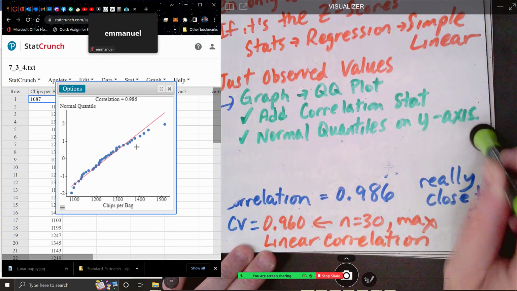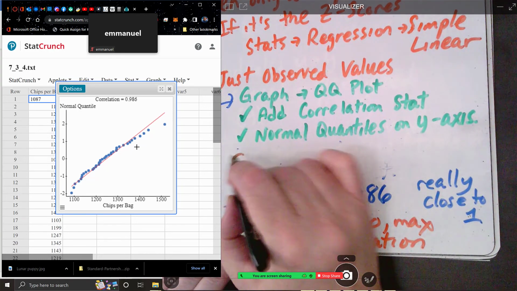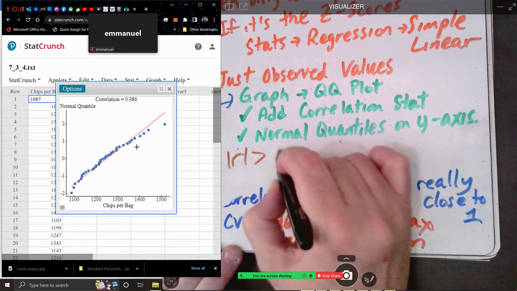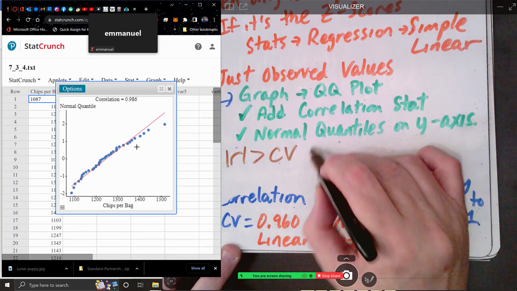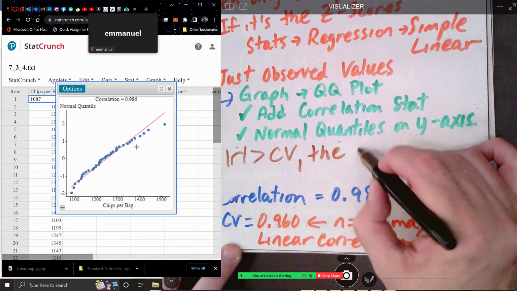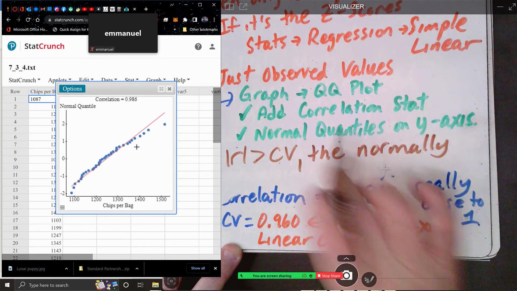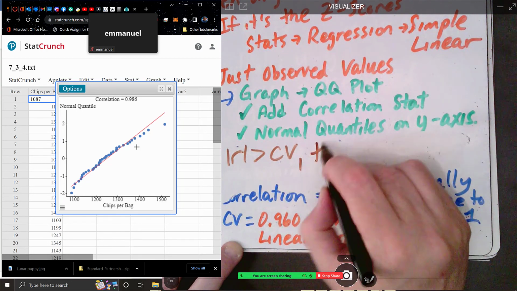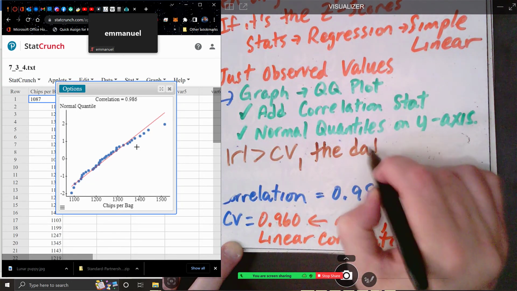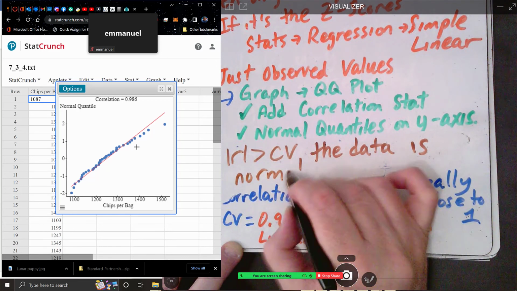Ignoring the chocolate chips, if the R is greater than the CV, the data is normally distributed. Let's do it right.